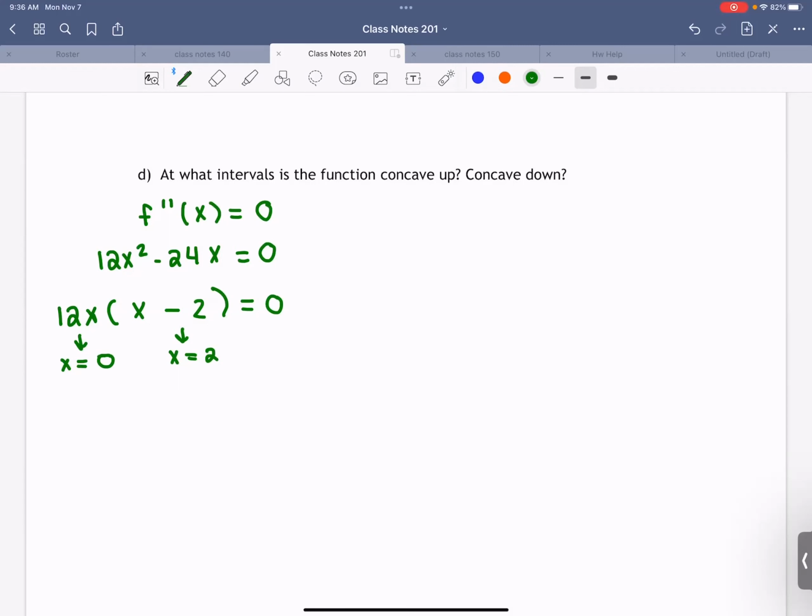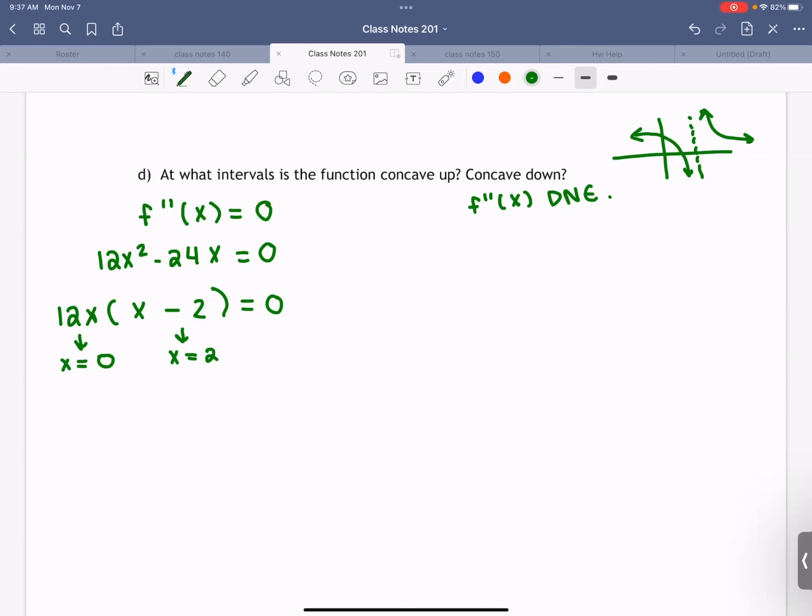Now I probably won't give you a function that requires you to do this. Usually I'm going to give you polynomials for concavity, because there's so much going on here. But you also want to look for places where the second derivative doesn't exist. If I graph my second derivative and I have a discontinuity, where my function doesn't exist, I could be concave down on the left and concave up on the right.